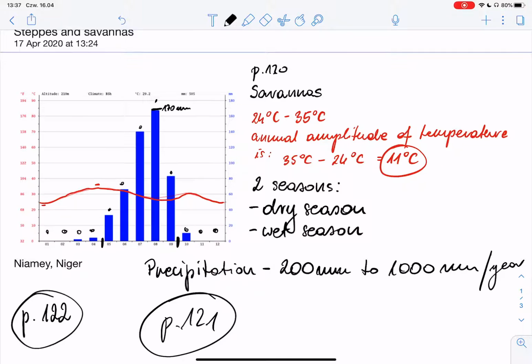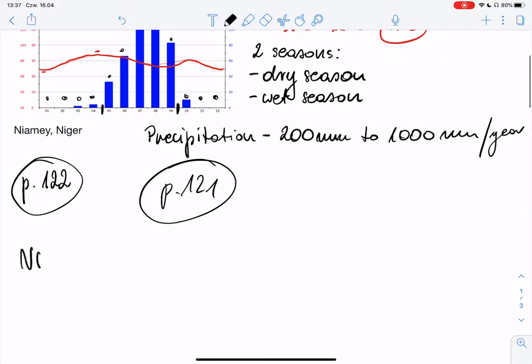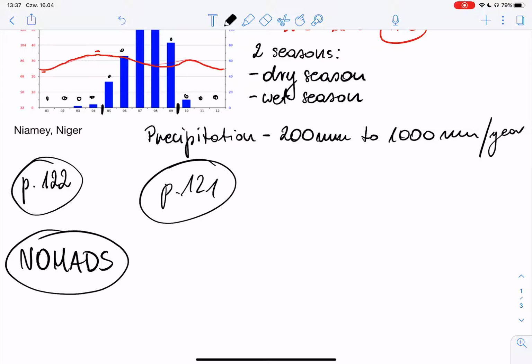But some of them are nomads, which means that they don't create any villages. They wander from place to place, so they will have their temporary home, and after they have exploited all the resources from their nearest surroundings, they will move to another place. Some of them are still doing this. Okay, so this is in a nutshell about savannas.